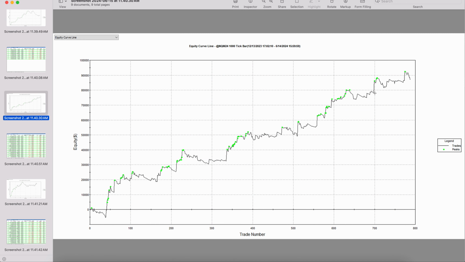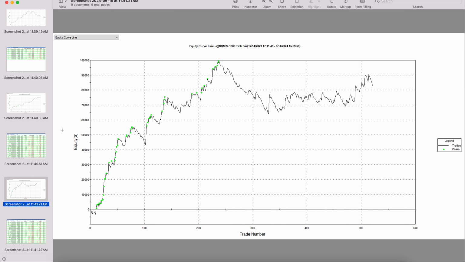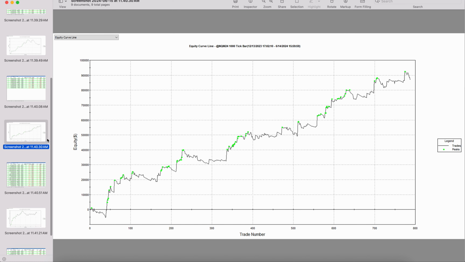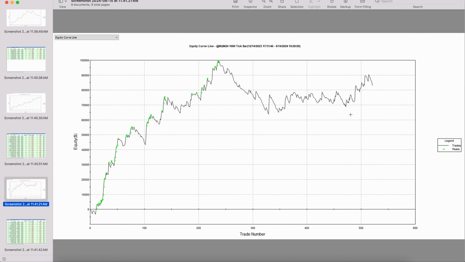So let's act like if I can eliminate all of those, the pullbacks just won't be as bad, and I'm going to show you how I'm going to do that because I'm doing it in my daily trading. I just have to program it now. So our Nasdaq, this is what the modified version was. I'm still tracking the old version, and again, equity curves have pullbacks, so this is technically fine.